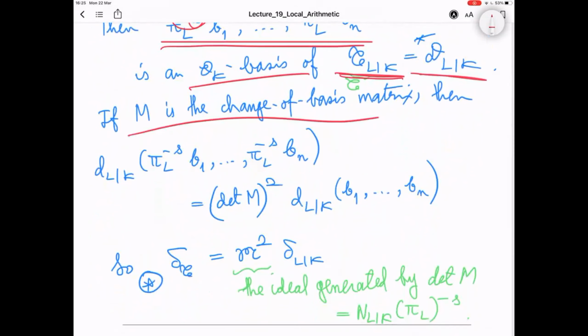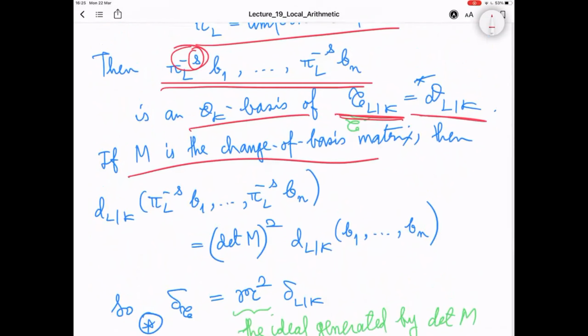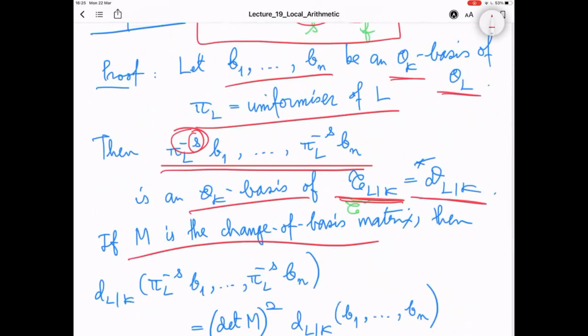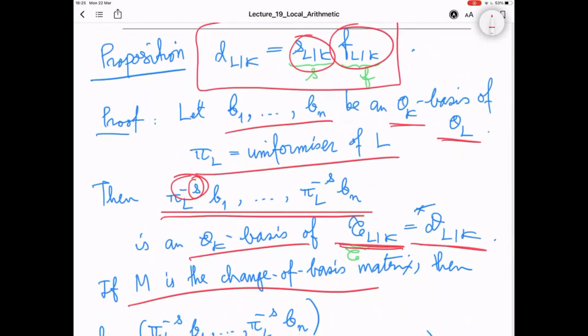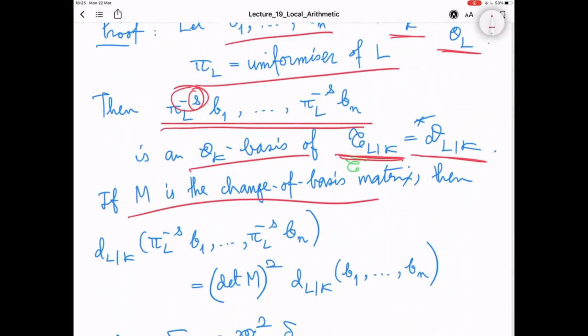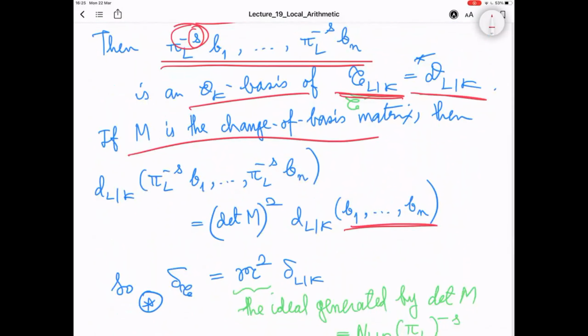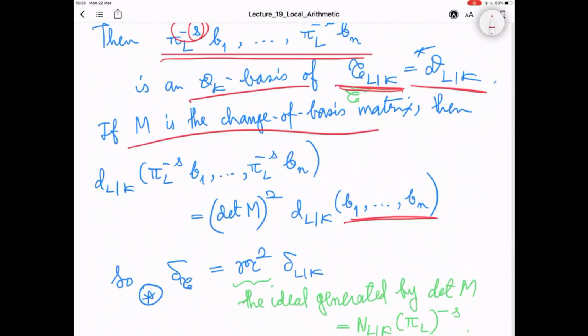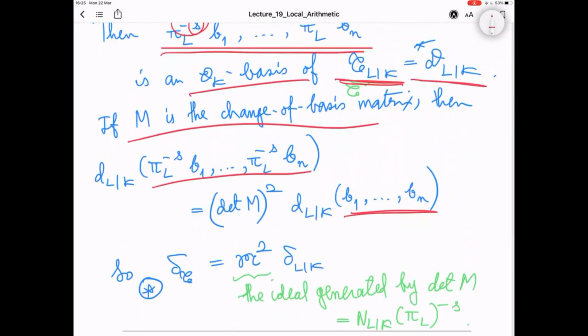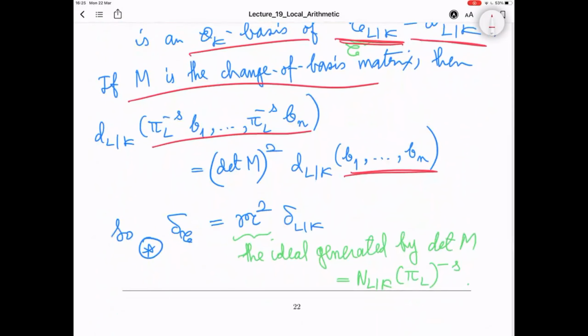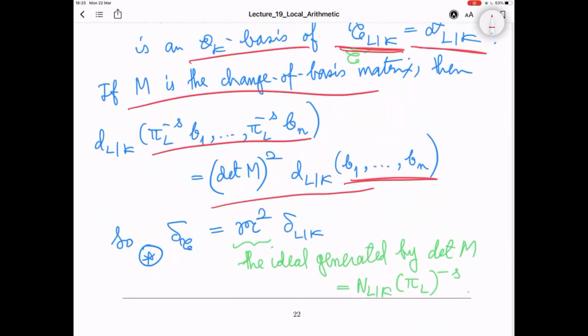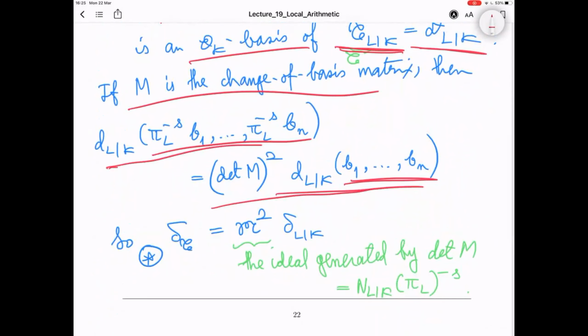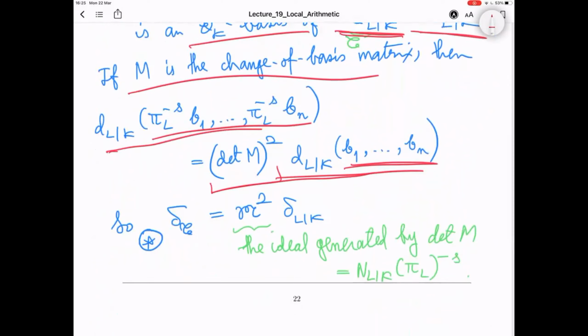Now, if I take the change of basis matrix, change of basis from where to where? So I have this, that's one basis of L over K, and this is another basis of L over K. And they have to differ by, so if M is a change of basis matrix, then this discriminant differs from this discriminant by the square of this matrix.